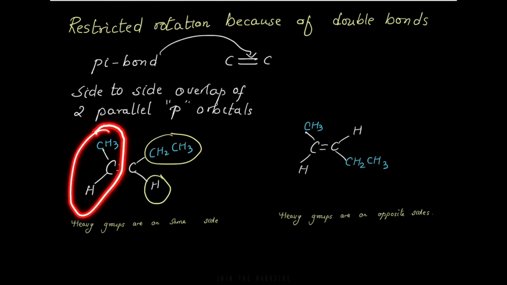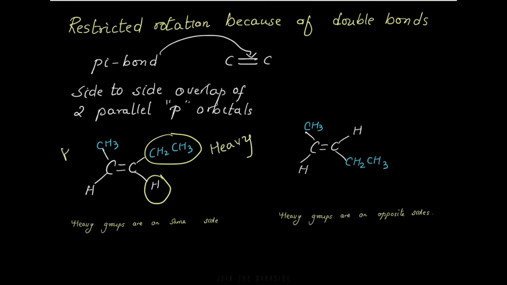This carbon has a methyl group and a hydrogen, so which one is going to weigh heavy? Obviously it's going to be the methyl group. Because here we have the heavy groups pointing in the same direction, we call this compound cis.